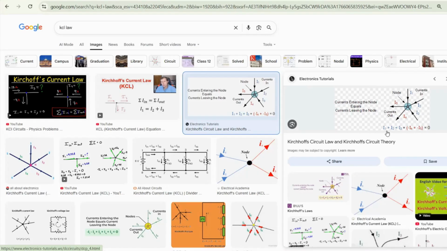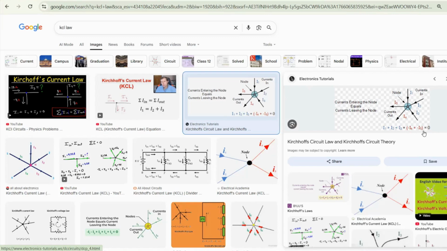What are the different currents we need to add? I1 plus I2 plus I3 plus I4, but I4 is outgoing. That's why instead of plus, consider minus: minus I4. Similarly, I5 is also outgoing, consider minus I5, equals 0.